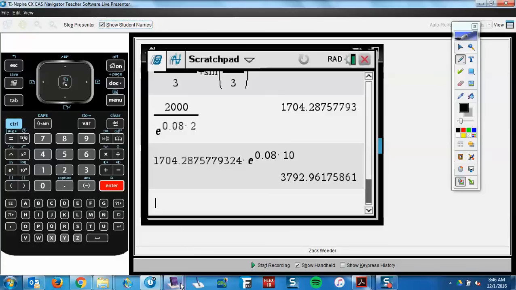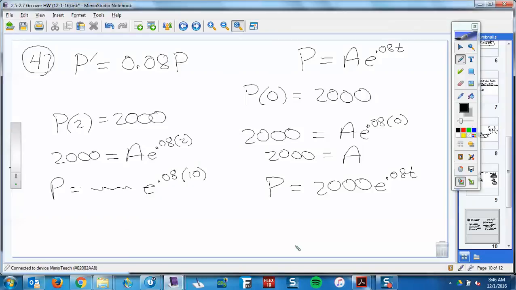Now, some people would say this, but all that means is you did it over an 8-year period, right? So even in that case, I could let the 2,000 be the A, but remember, that's at time 0. If I'm going to go from year 2 to 10, is that the same as year 0 to 8? It is.